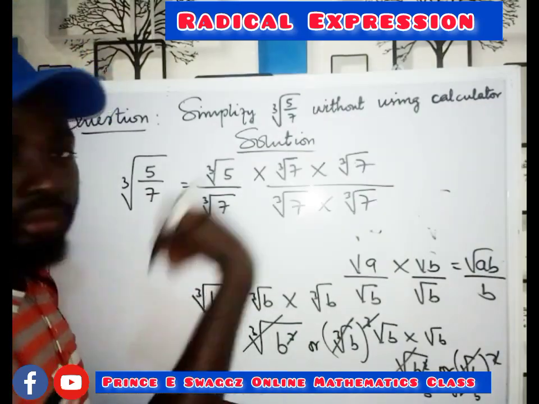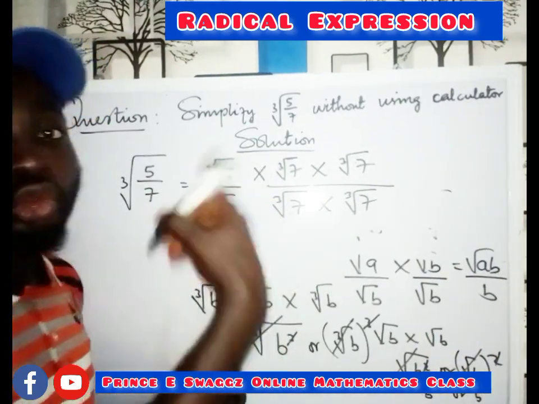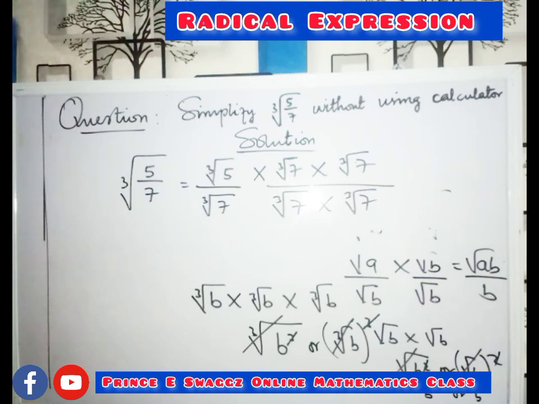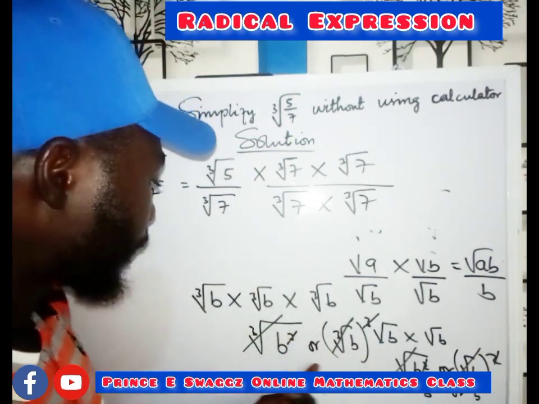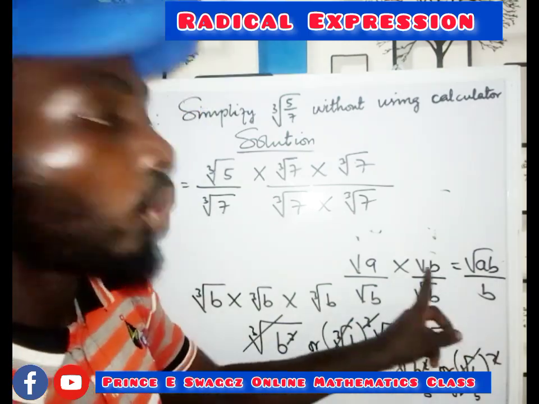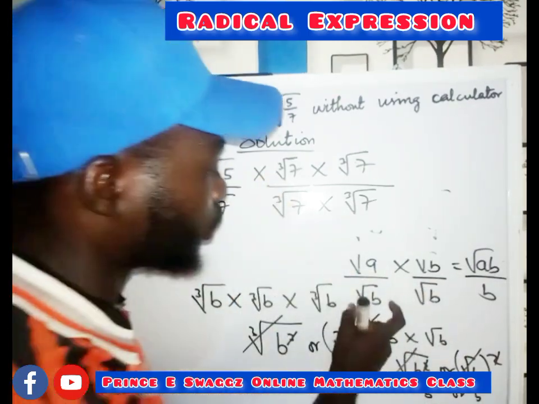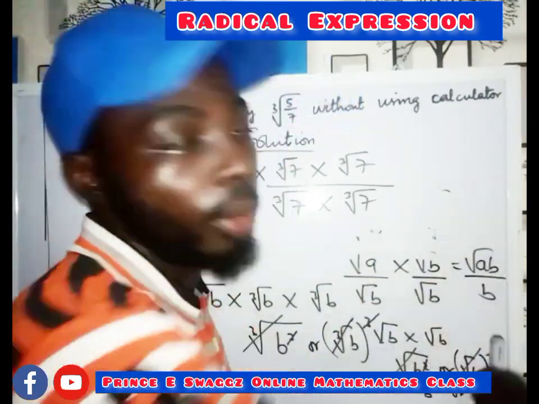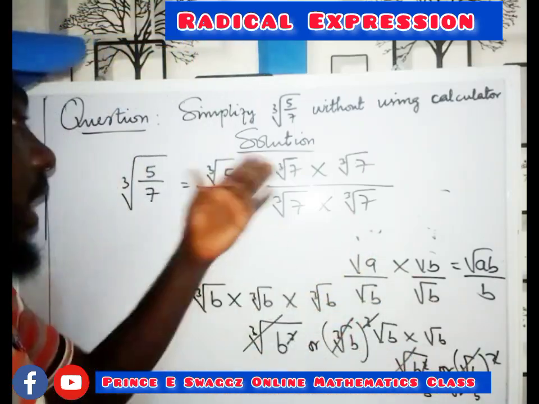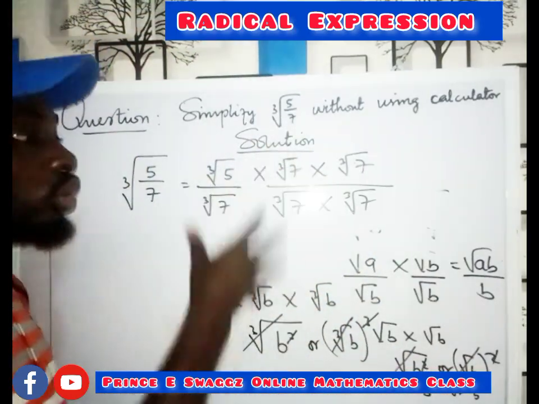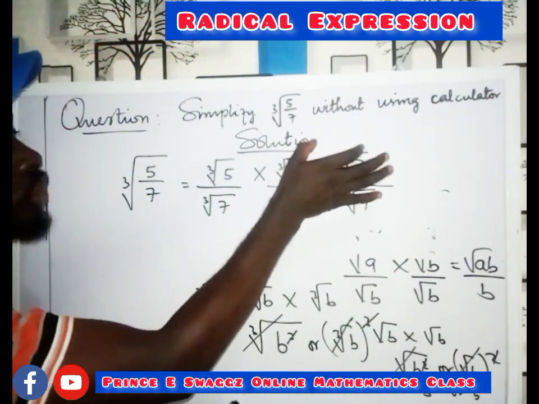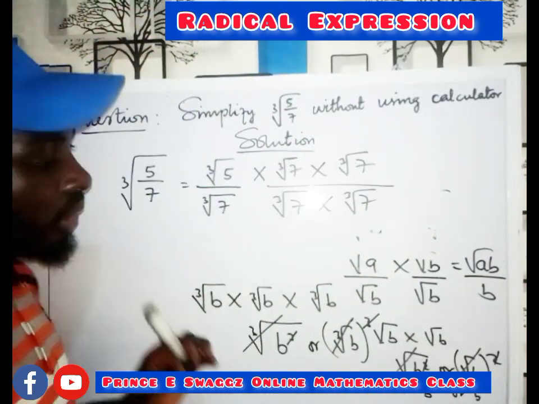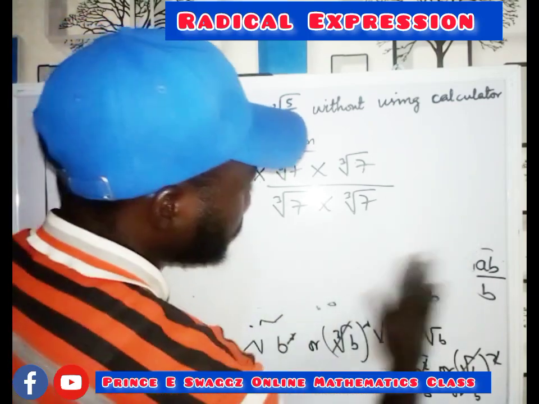We already have 1 out of the 3, so we multiply it by 2 more to make it 3. In the previous case, we only multiplied by 1 because we just needed 2, and out of the 2 we already had 1. And in rationalizing, whatever you do to your denominator, you must do to the numerator. That's why you multiply the numerator and denominator by the same thing.